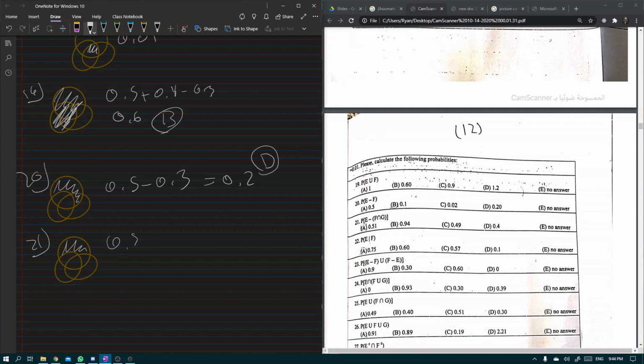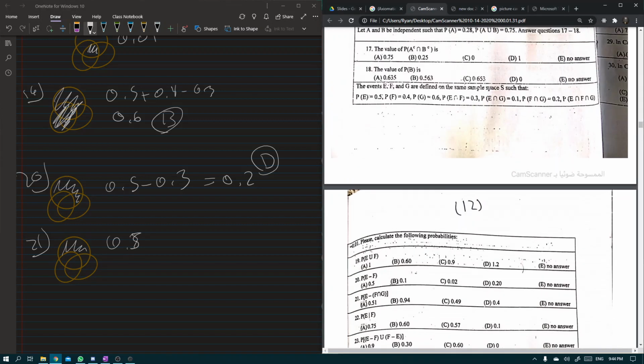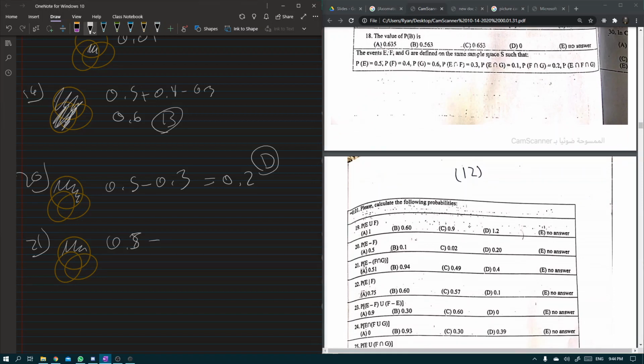So just 0.5 minus 0.3 minus 0.1 plus 0.01. Which is 0.11.